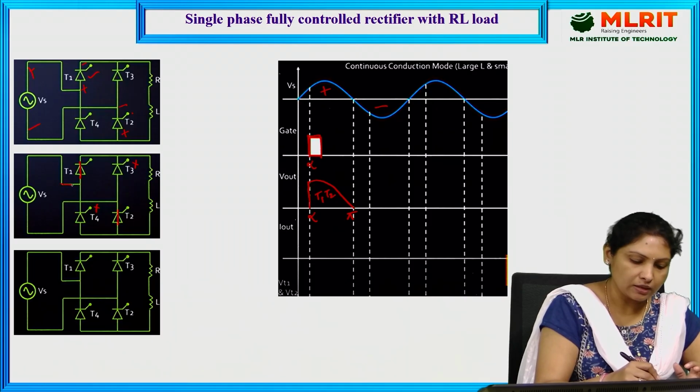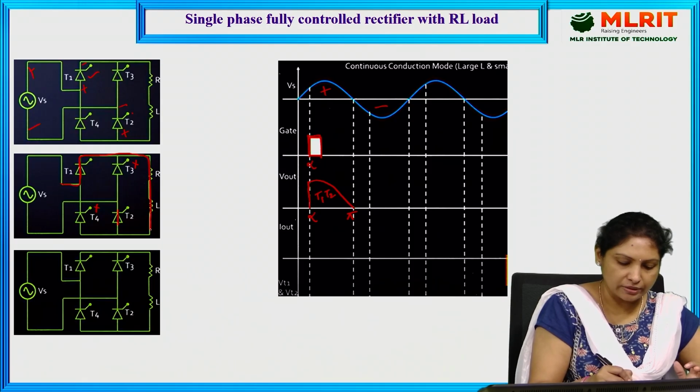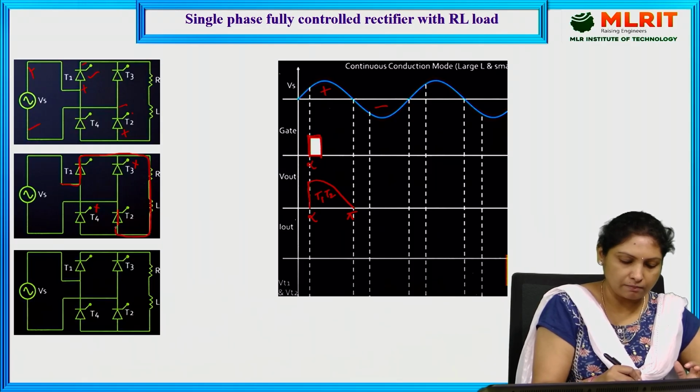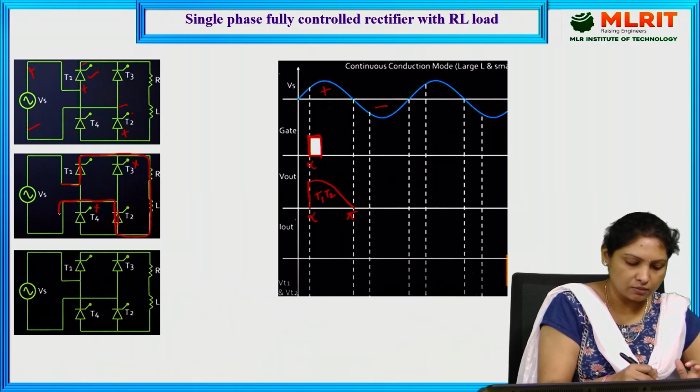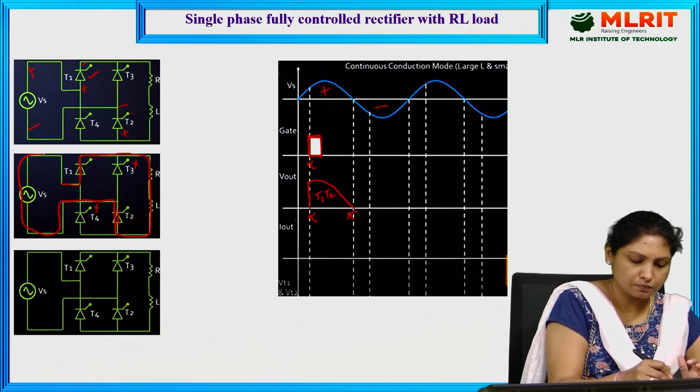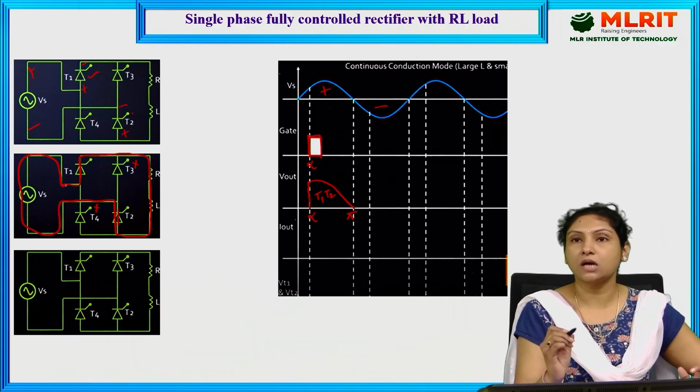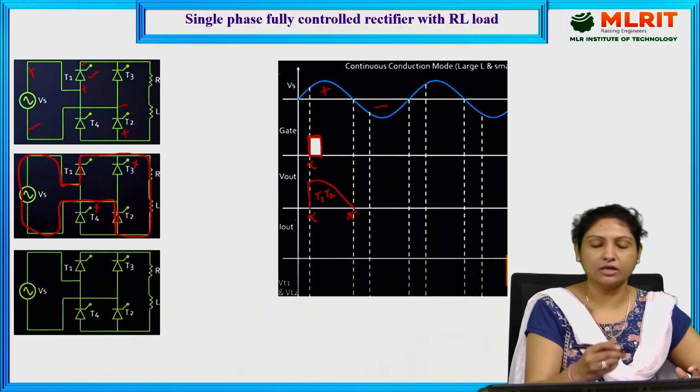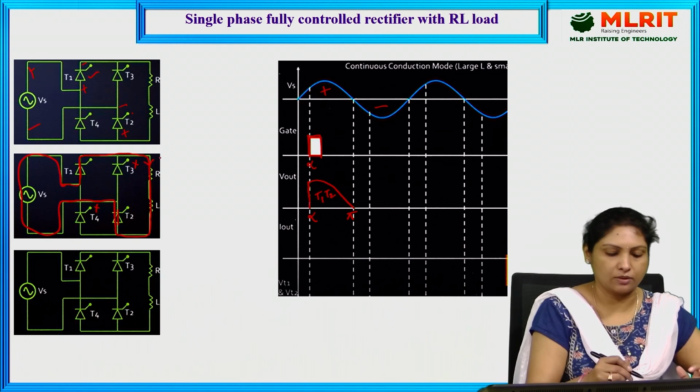Since T1 is forward biased, it conducts the current through the resistive inductive load, then back through thyristor 2, back to the supply. This is how the current is conducted through the load. This is the output current.